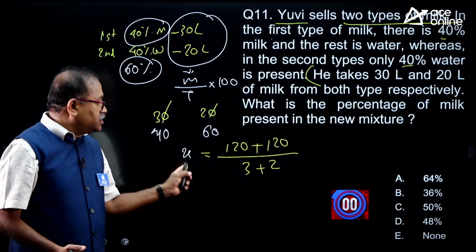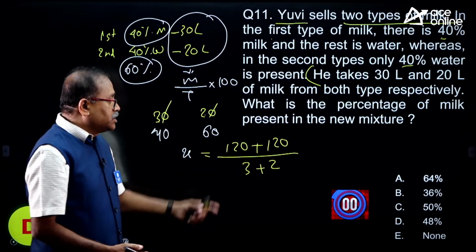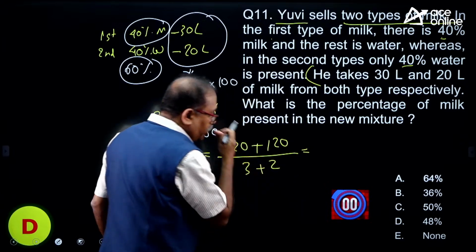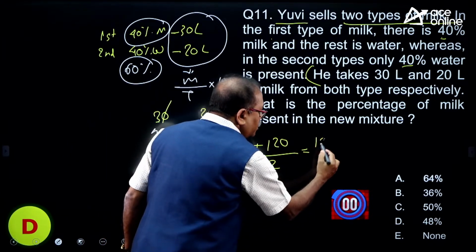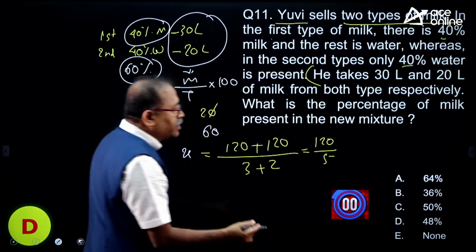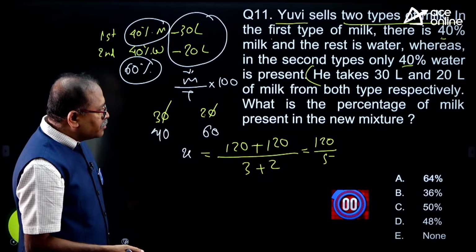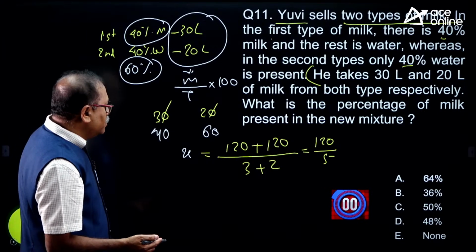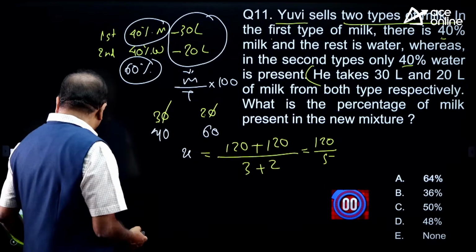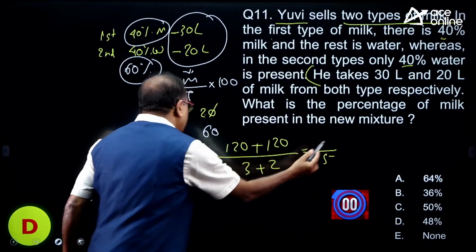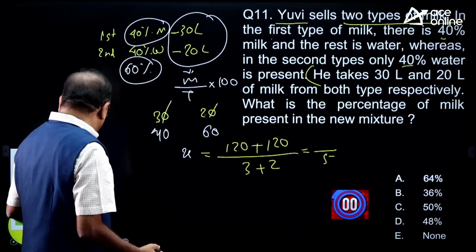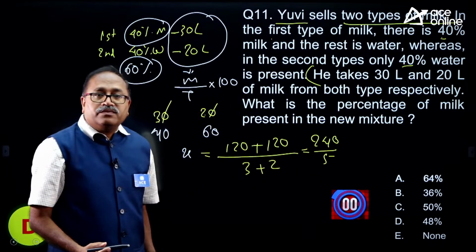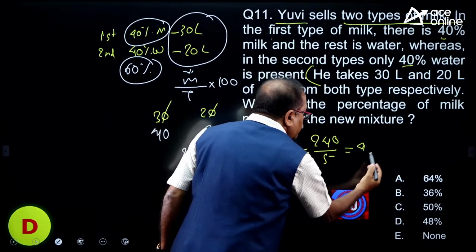So here your answer lies, you are getting the x value. How much is that? 240 by 5, which is nothing but 48.